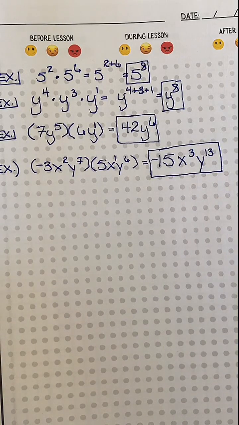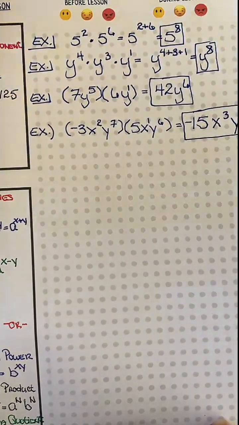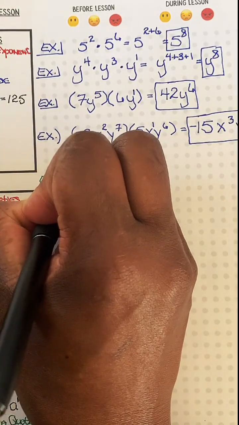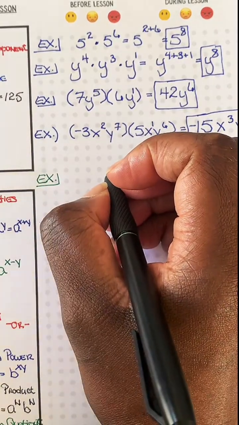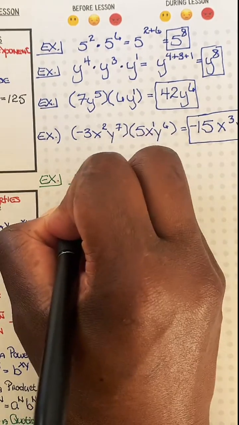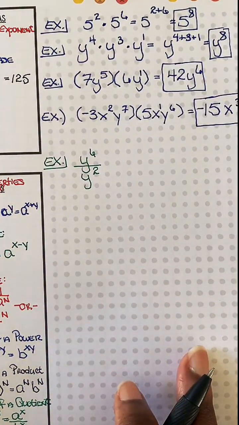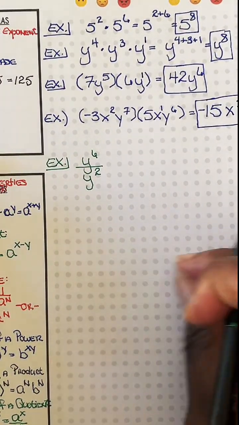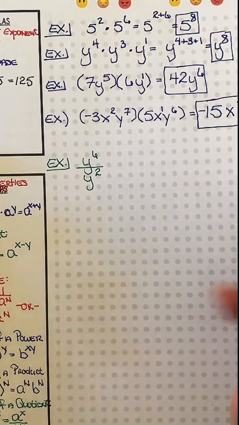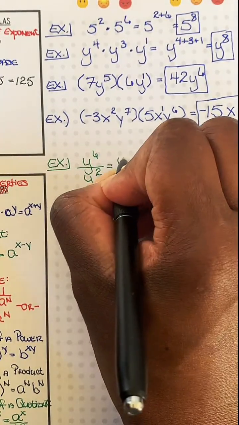Okay, so now we're going to go into what's called the quotient rule. Remember, quotient is basically division. So I have y to the 6 over y to the 2nd, or y squared. Let me show you what it looks like expanded, because sometimes people understand it more that way.